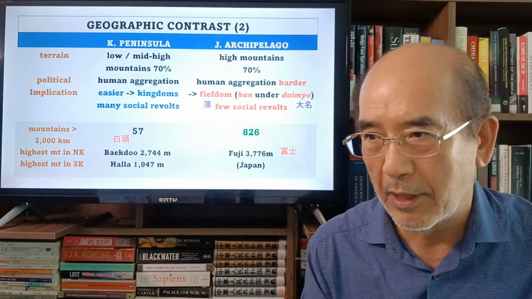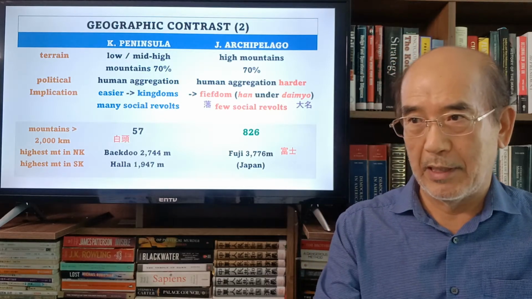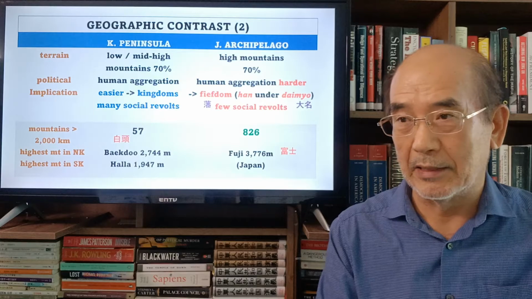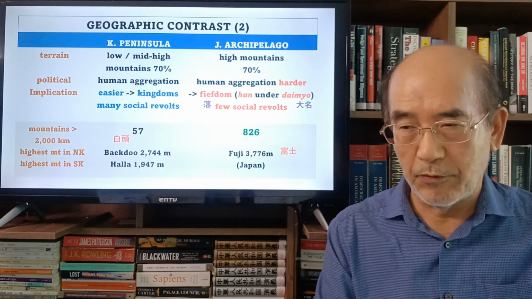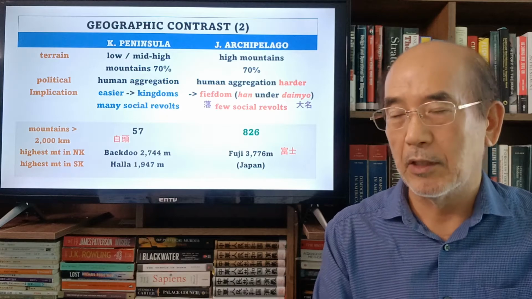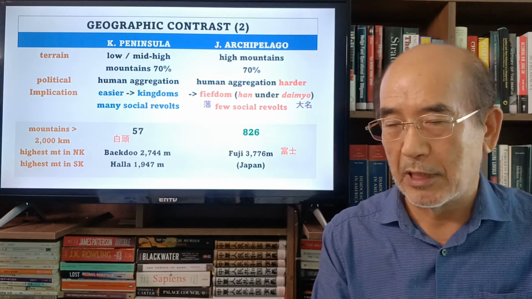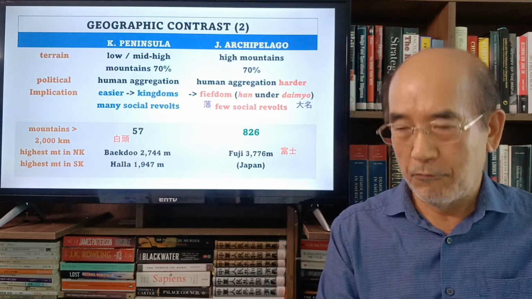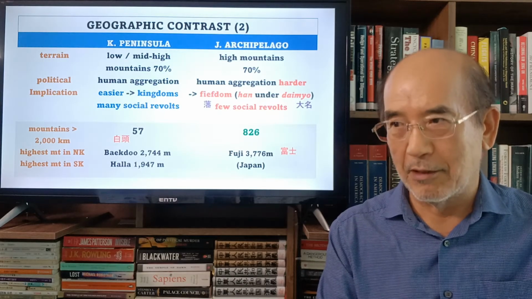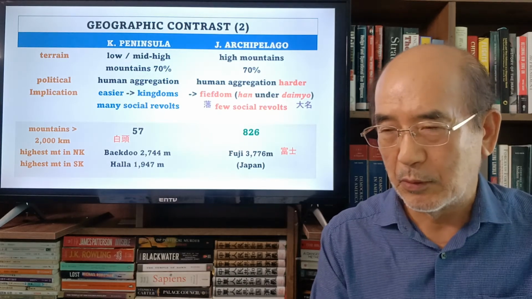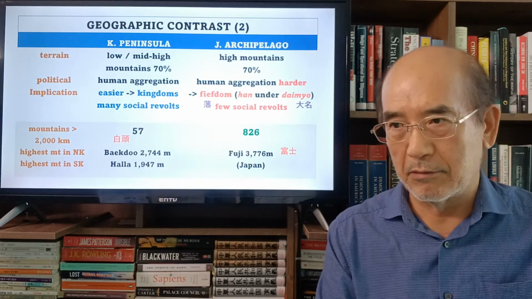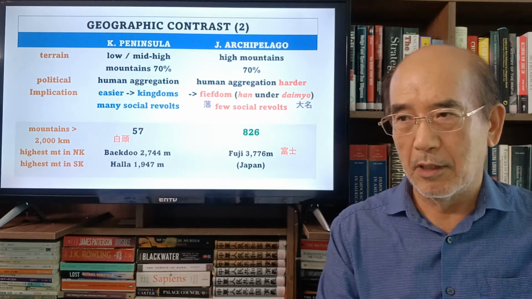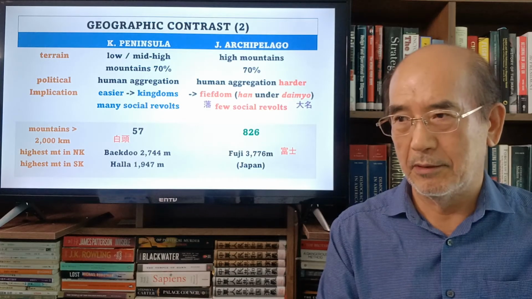And in North Korea we have Baekdu, a Chinese character meaning white head, Baekdu Mountain, which is 2,744 meters. But if you go to the Japanese Archipelago, the official count today is 826 mountains higher than 2,000 meters. That means Japan is really mountainous.